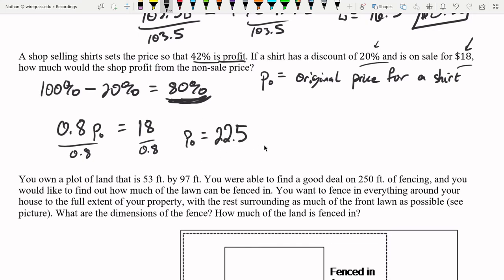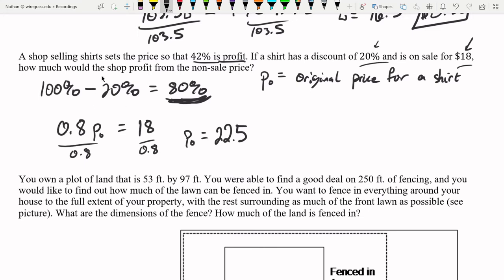And whenever you're doing problems like this, it's always helpful to check your answer, because sometimes you can get lost in the mathematics and do something incorrectly. What I can do is take 22.5 and multiply it by 0.2. That gives me 4.5, or $4.50.